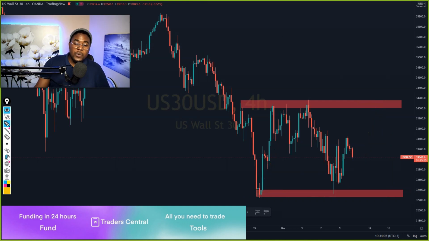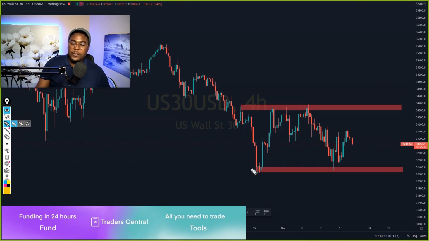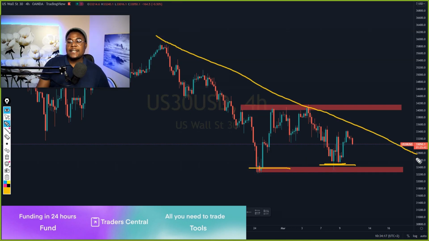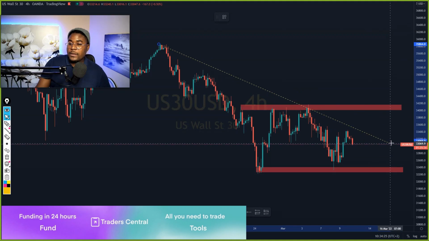So what can you do? I've been preaching about this. Don't forget that even if we take these buy positions here, that doesn't mean the market changed direction. The market is still on that bearish momentum, and it's way too strong, actually.